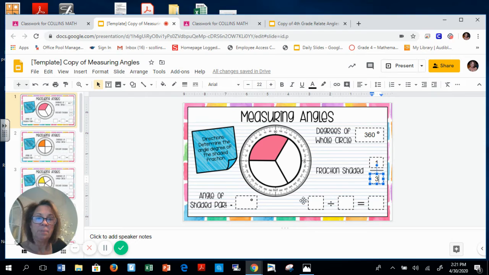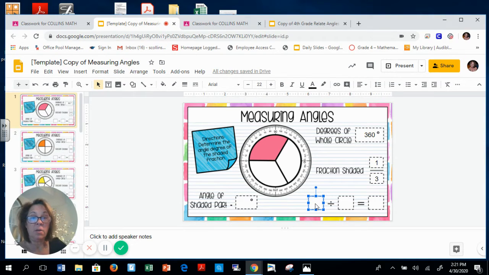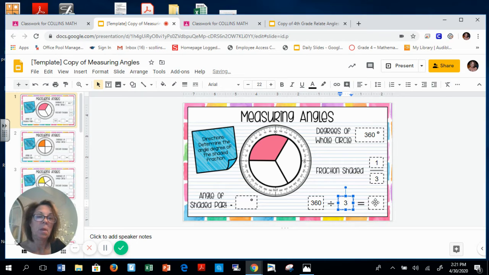Down here, they want you to put in 360 degrees. That's my total around the whole circle. If I divide that by 3, what will you get? That is the angle of the shaded part of the circle.